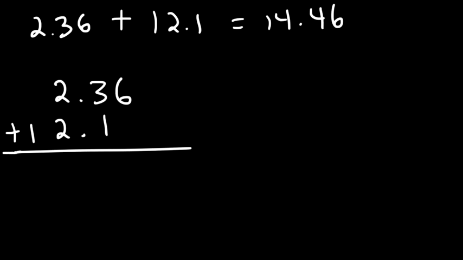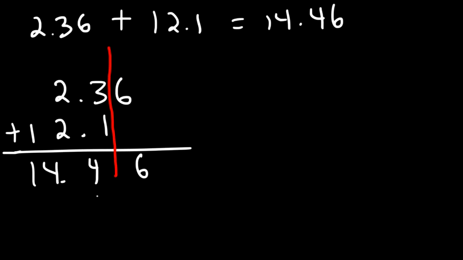Now, you need to round your final answer to the least number of digits to the right of the decimal point. What I like to do is draw a line, because for 12.1, there is no number to the right of the 1. And so we're not going to have any number to the right of this line. If we add the two numbers, it's going to give us 14.46.